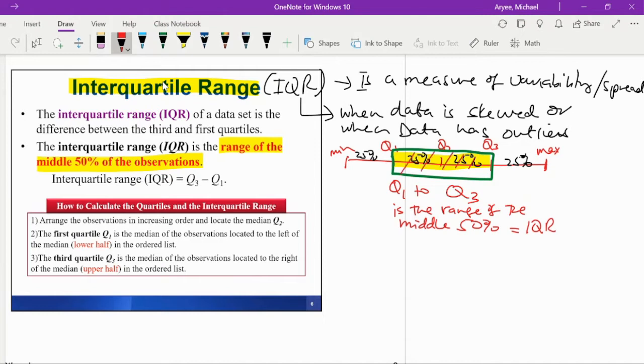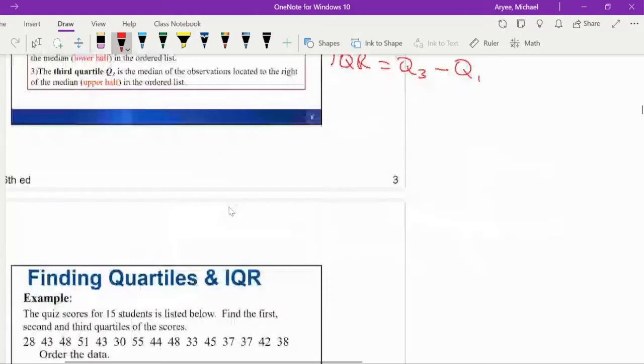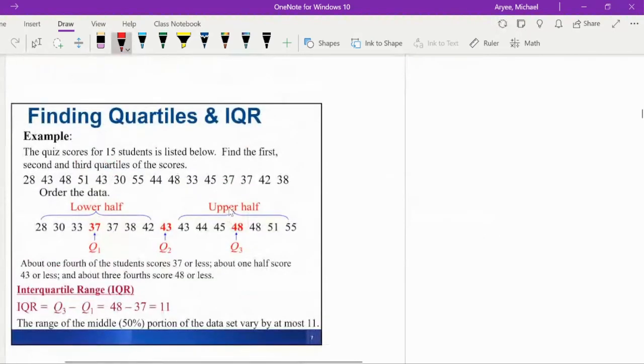So this area is your interquartile range. The interquartile range therefore is Q3 minus Q1, the beginning and then the end. All right, Q3 minus Q1. So what we're going to do now is see how you actually calculate the interquartile range from a given data set.